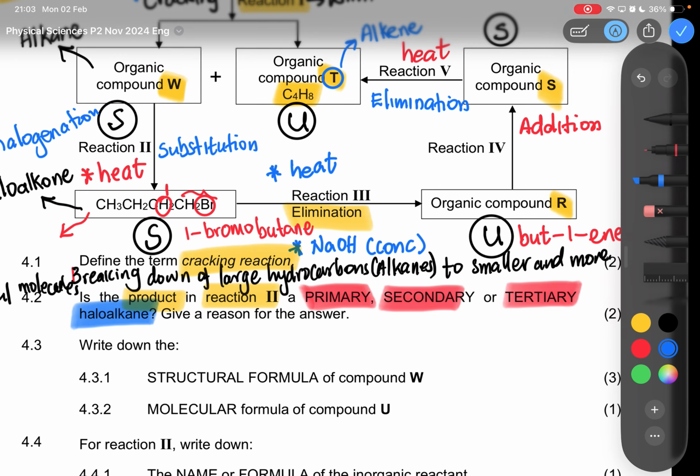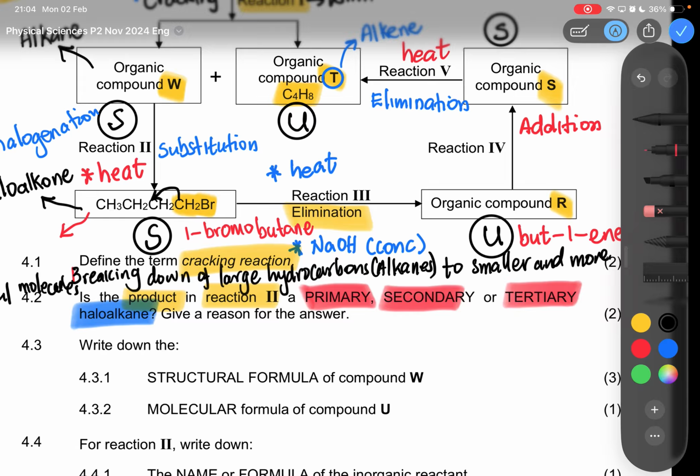So with this, let us see. I told you that this bromine here is bonded to the first carbon. And this carbon is bonded to that carbon, and it's only one that is bonded to that.